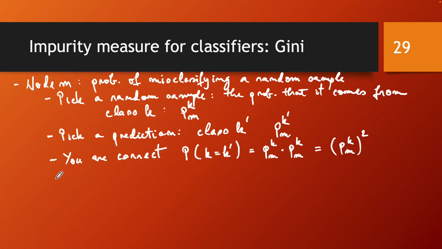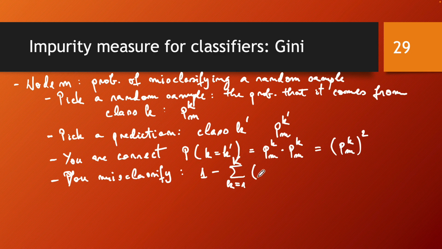And so the probability that you misclassify, which was the thing that we were trying to compute, is 1 minus this, but remember that you have k possible classes. So it's going to be 1 minus the sum from 1 to capital K of this probability that you were correct for this class.